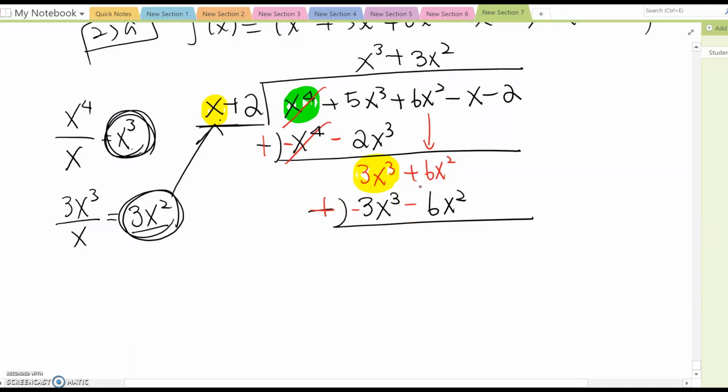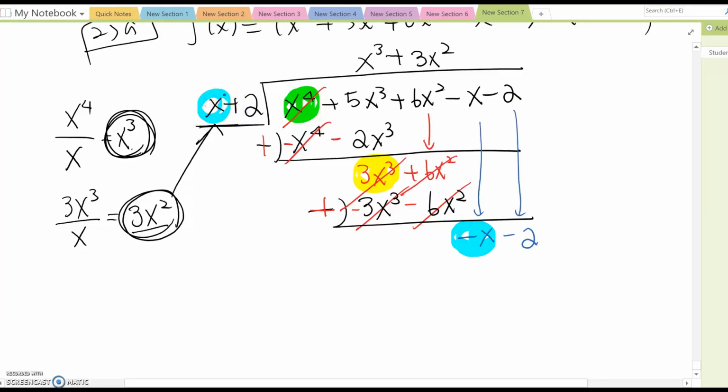So now when you look here, everything is eliminated. So you bring this down, and also bring this down as well. Now same thing: you divide these leading terms, the dividend's leading term and the divisor's leading term here.